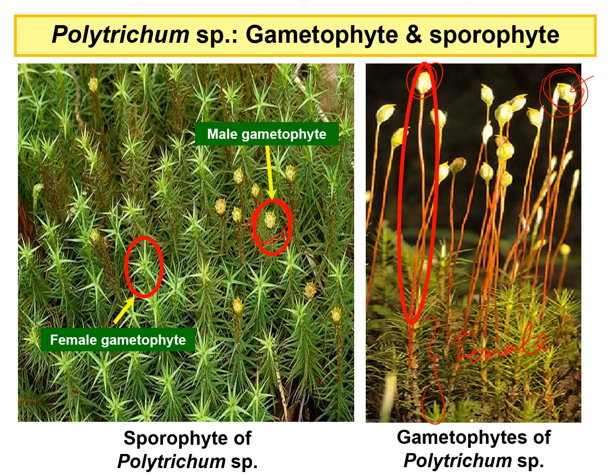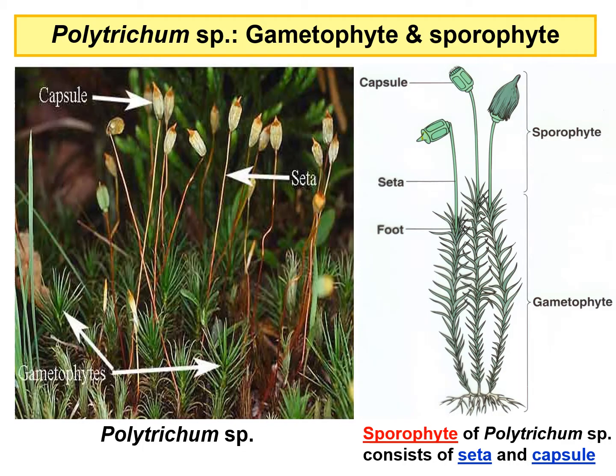Jadi kalau yang male, dia hanya ada struktur male reproduktif ni. Jadi bila male struktur reproduktif, dia tak boleh bear the sporophyte. So daripada gambar ni, because this has sporophyte, so this is definitely the female gametophyte.